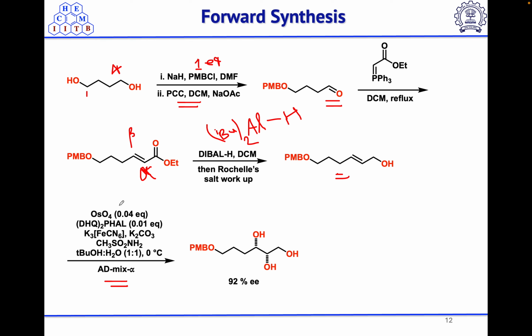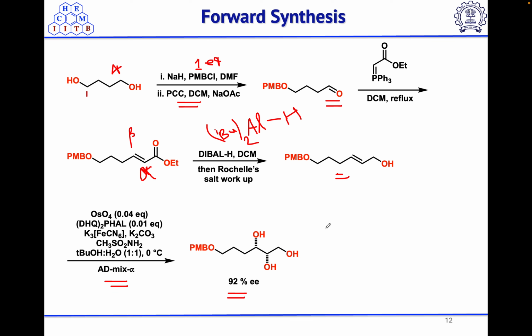Osmium tetroxide, (DHQ)2PHAL as the ligand, K3Fe(CN)6, K2CO3, and methanesulfonamide in tert-butanol and water. In these AD-mix alpha conditions we will get this 1,2 cis diol with 92% enantiomeric excess. So this triol, a 1,2,3-triol, we are having now.